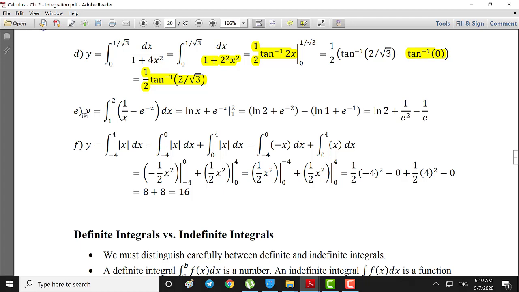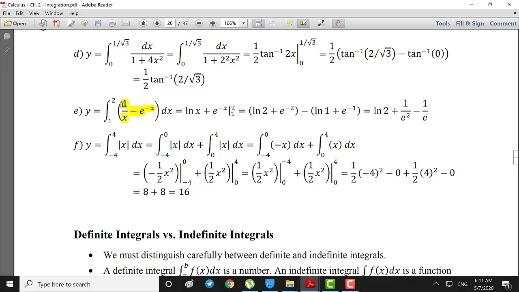In part E, you have to calculate the definite integral of 1 over x minus e to the minus x dx. What is our job here? Now we know that our job is to come up with an antiderivative for 1 over x minus e to the minus x.